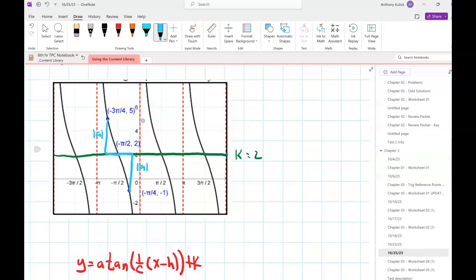So if I'm going from 2 to 5, what does the absolute value of A have to be? 3, which tells us that A is plus or minus 3. So far, so good?